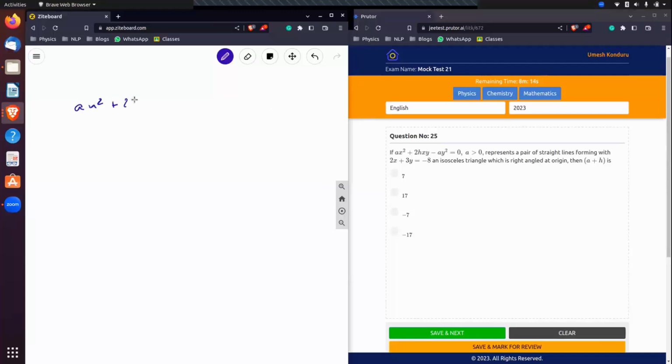x square plus y square minus a by square equal to 0, a is greater than 0. And we have 2x plus 3y plus 8 equal to 0. And now we want to find the value of a plus 8, given the fact that these three form an isosceles triangle.